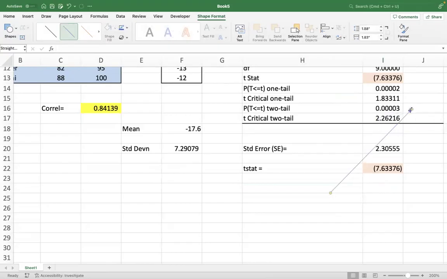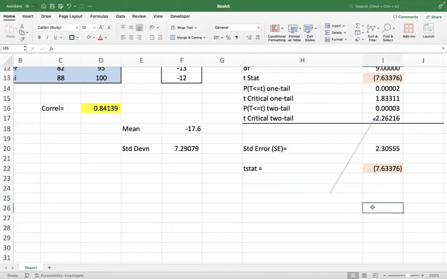So basically, if you want to see how you get this value, you can do this is equal to T.INV.2T, t inverse for a two-tail. Probability, we will take 5% significance level and 9 degrees of freedom. Now, can you see what number I have got here? 2.26216, which is the same number that you are seeing here.